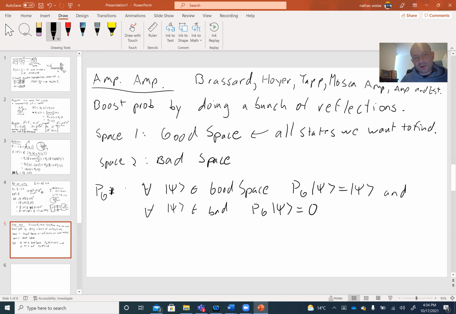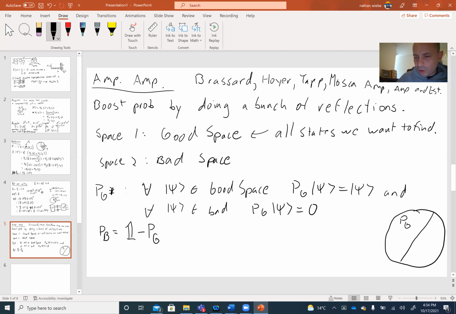Similarly, we can define a bad space projector, PB, which is just equal to identity minus PG. This is equivalent to saying, let's split our space into two halves. One is the good space, the other is the bad space.